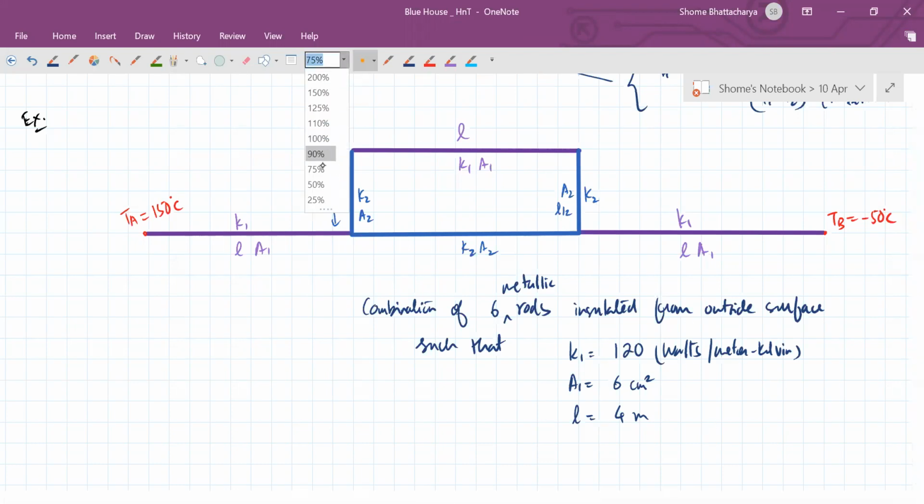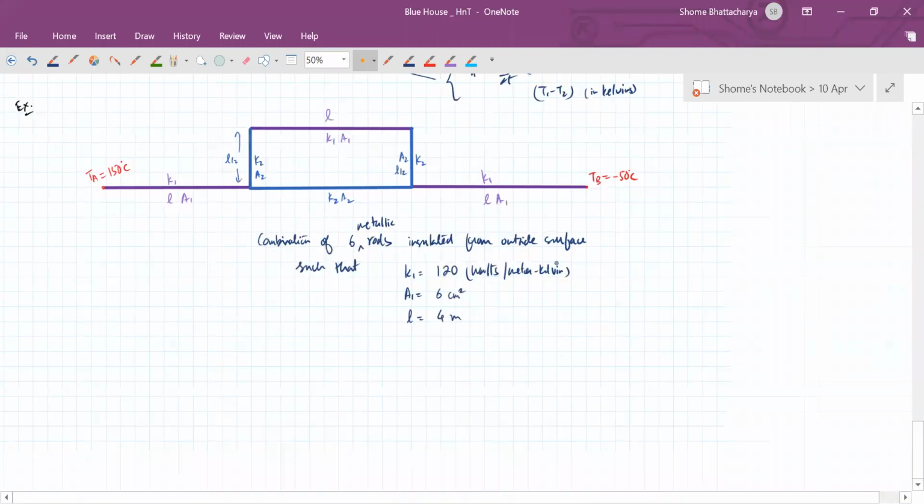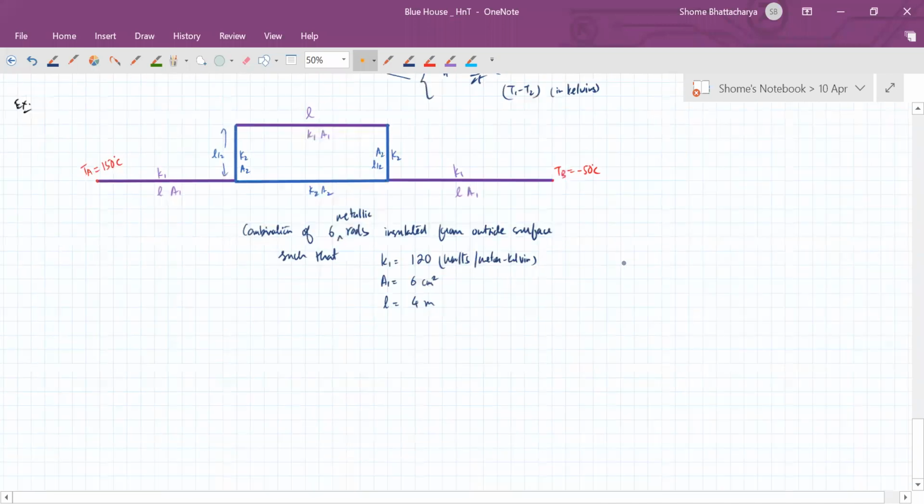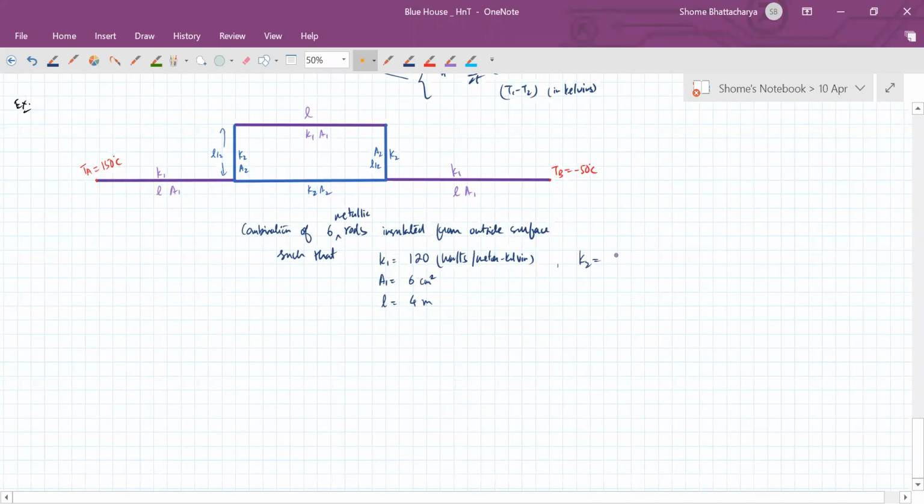Whereas K2 is given as 200 watts per meter Kelvin. And this area is 5 centimeters square.